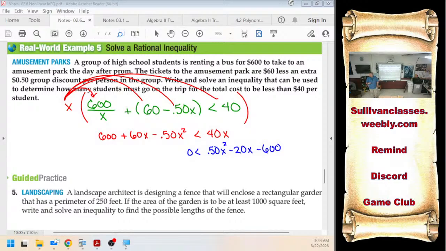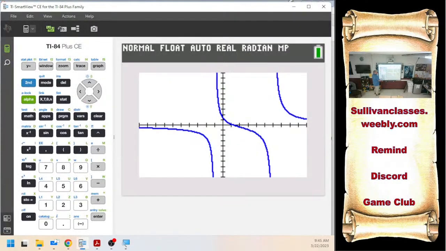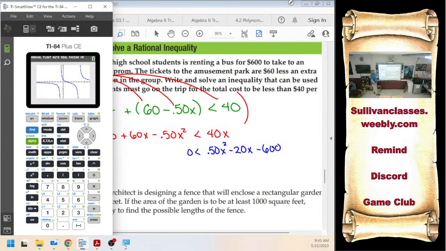But right now, I want to know where this, for me, positive parabola is greater than 0. I'm going to cheat my way through this because it doesn't say how. I'm going to clear this out and say 0.50x squared minus 20x minus 600.